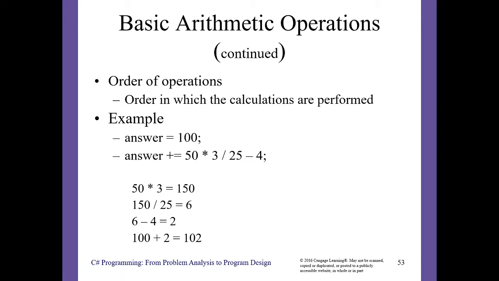The resulting calculation will be 150 divided by 25 minus 4. So we would take 150 and divide by 25 as our next step, giving us 6. Then we would finally do the subtraction, and that would give us 2. So in the end, the statement answer plus equals this expression is going to give us a result of 102, because we'll be adding whatever this is to the variable answer.